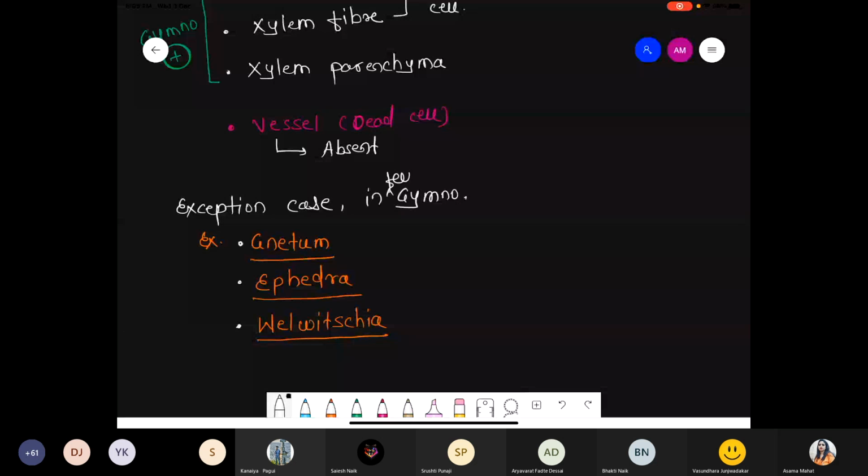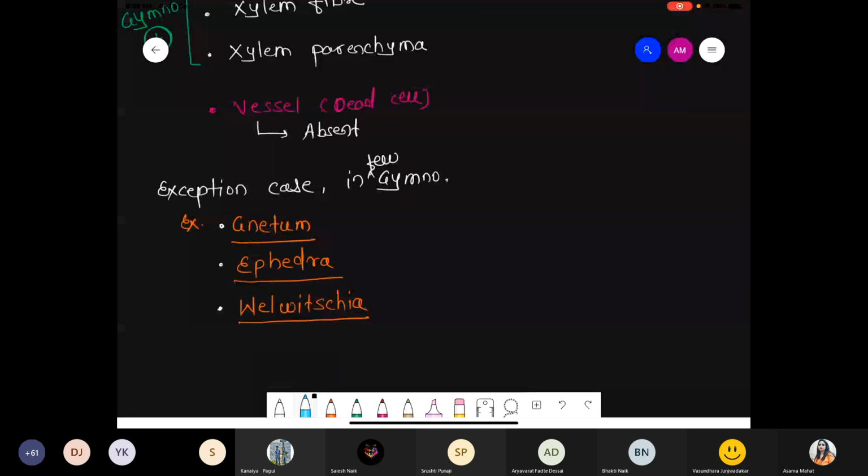These are genera. Gnetum, Ephedra and Welwitschia are all examples of genera. Inside these three, vessels are present. These are the exception cases. Now see how the question may be designed: already these are the three options, and it might be possible they give a fourth one and ask which is incorrect from the following.